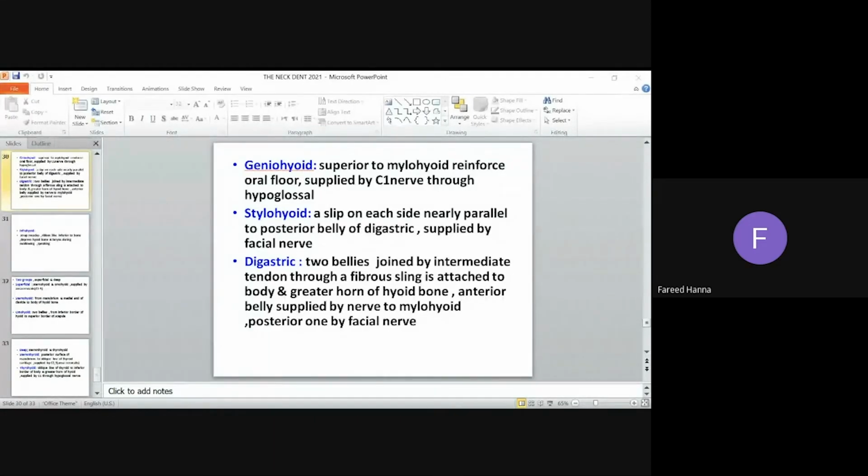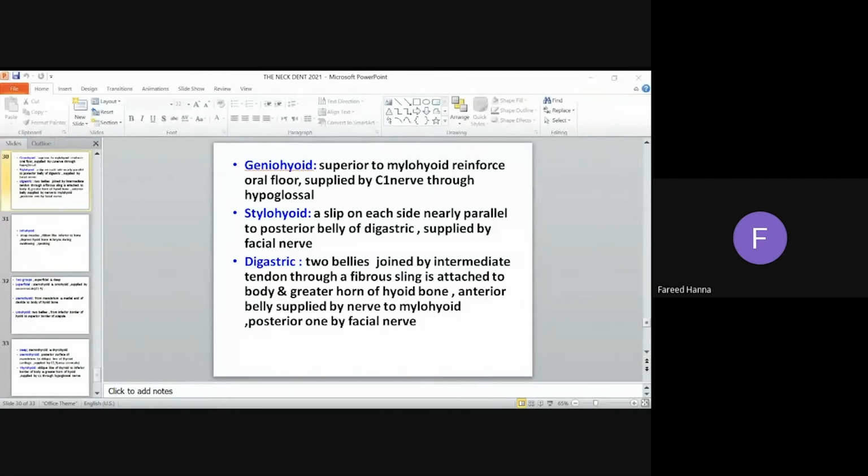Then you have the stylohyoid muscle. This is a slip on each side, nearly parallel to the posterior belly of digastric, and this is supplied by the facial nerve, arising from the styloid process to be attached to the hyoid bone.